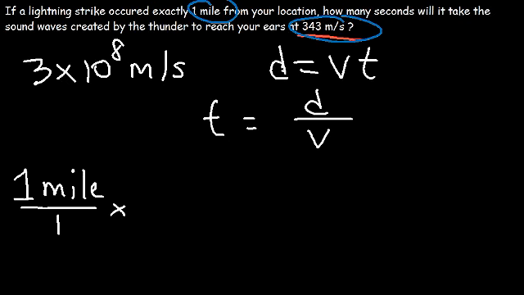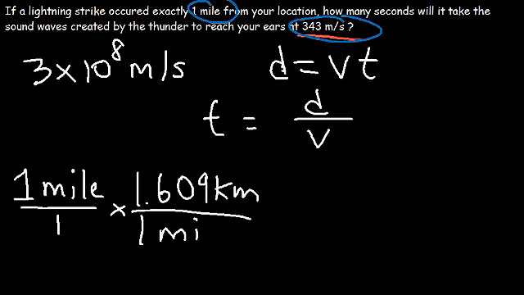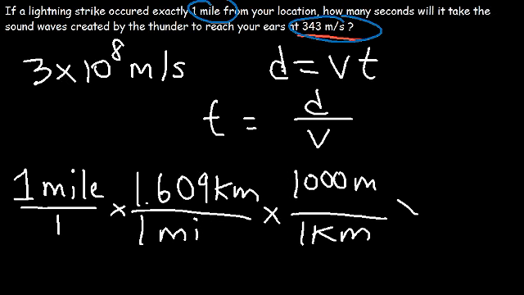It turns out that 1 mile is equal to 1.609 kilometers. And 1 kilometer is equal to 1,000 meters. Now, if sound travels at a speed of 343 meters per second, that means that in 1 second, it covers a distance of 343 meters.